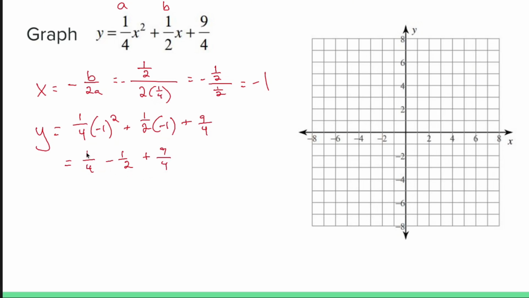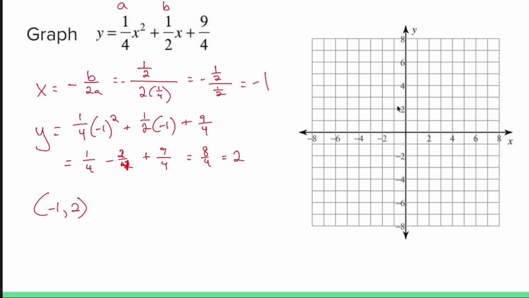Let's turn this into 2 over 4. 1 minus 2 is negative 1, plus 9 is 8. So 8 over 4 is 2. So our vertex is a nice negative 1, positive 2.